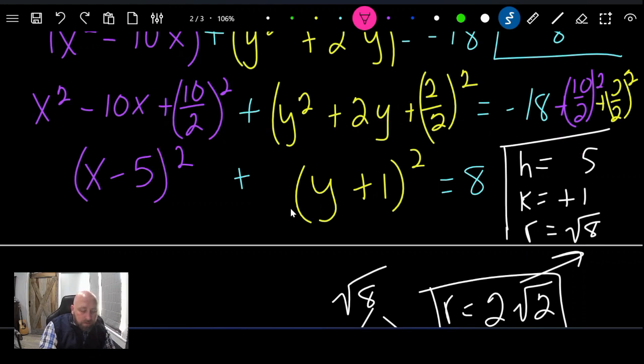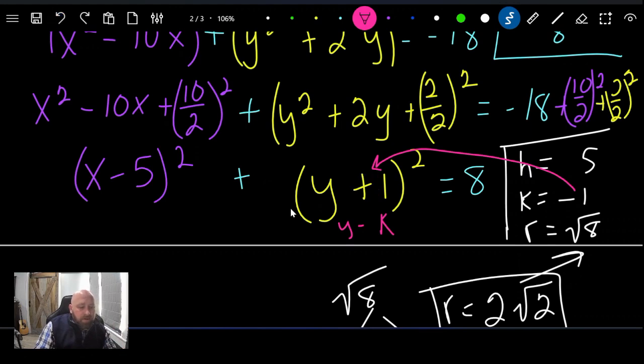Now watch over here. Our +1 is actually going to be a -1, because our formula is y minus k. When we insert the -1 in there, notice it turns this positive.